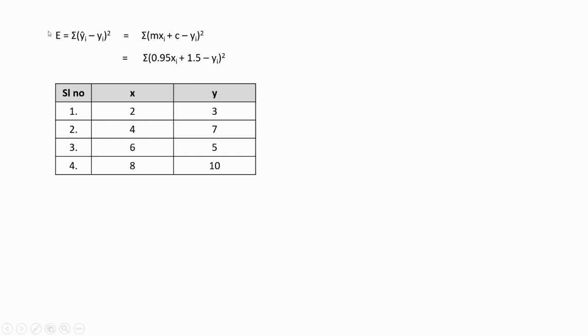If you are minimizing e, you are also minimizing 2 times e, half times e, square root of e, and e square, right? So you can take different forms of e and it will still remain the minimum.